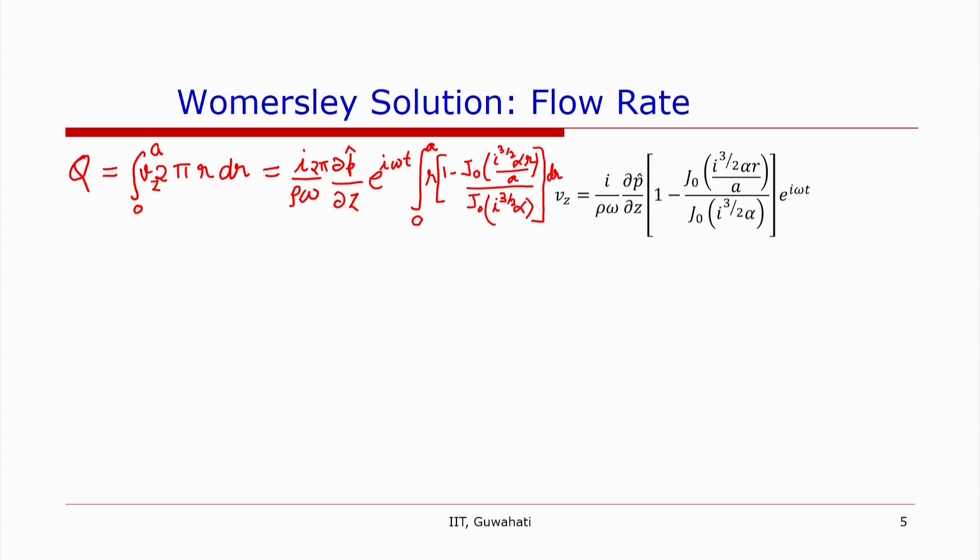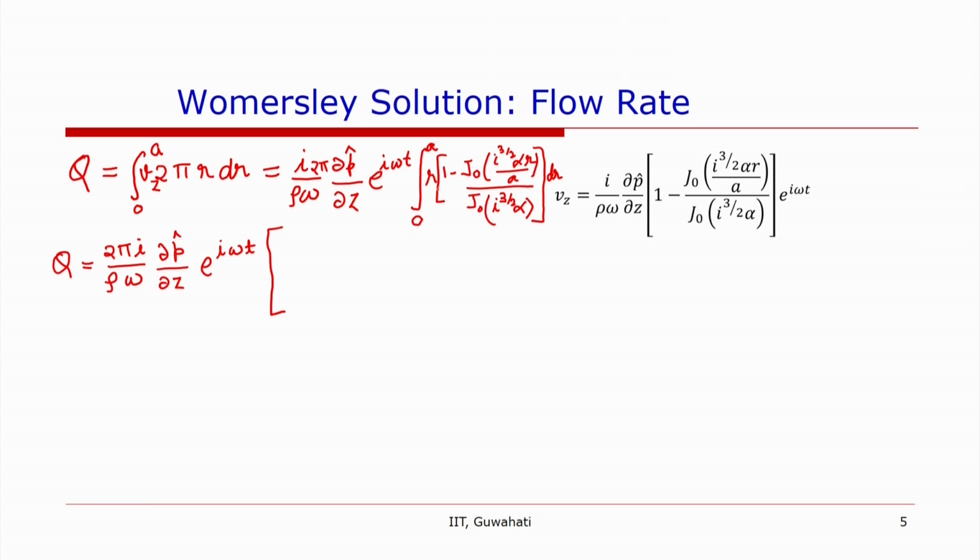Now if we write this down again and integrate, Q is equal to 2 pi i over rho omega del p cap over del z exponential i omega t.